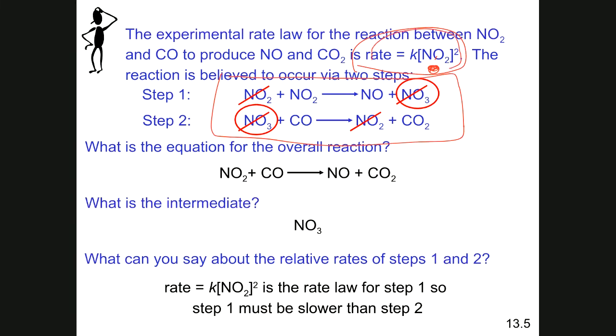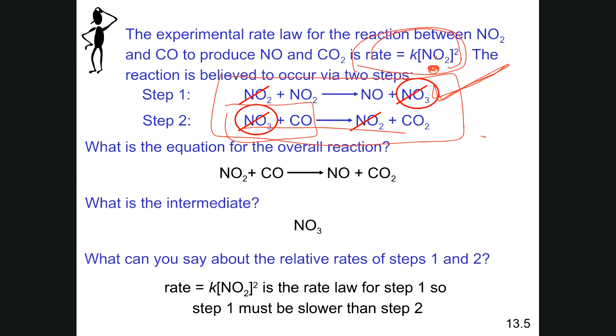That means this part of the reaction, because we are only looking at the reactants, is not involved in the rate determining step. So that is going to make this step the rate determining step, and this step is going to be the slow step of the reaction. So this step is going to be fast, this is going to be slow.